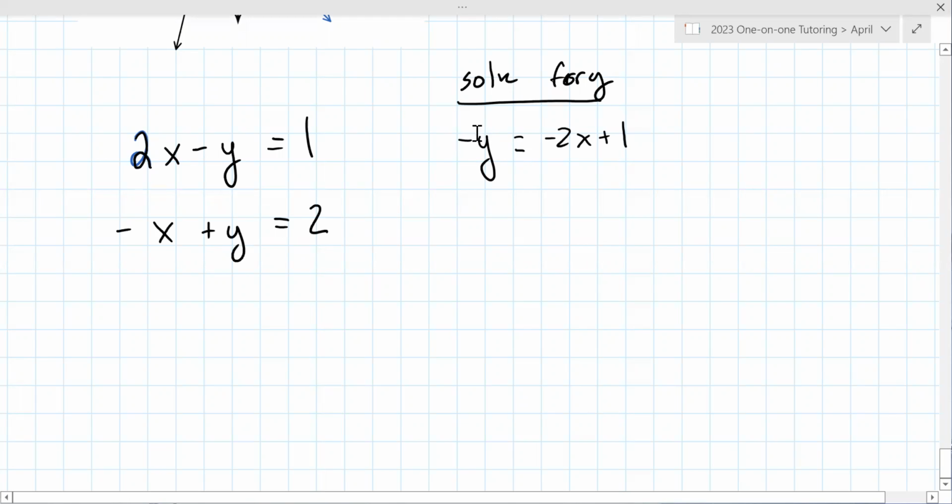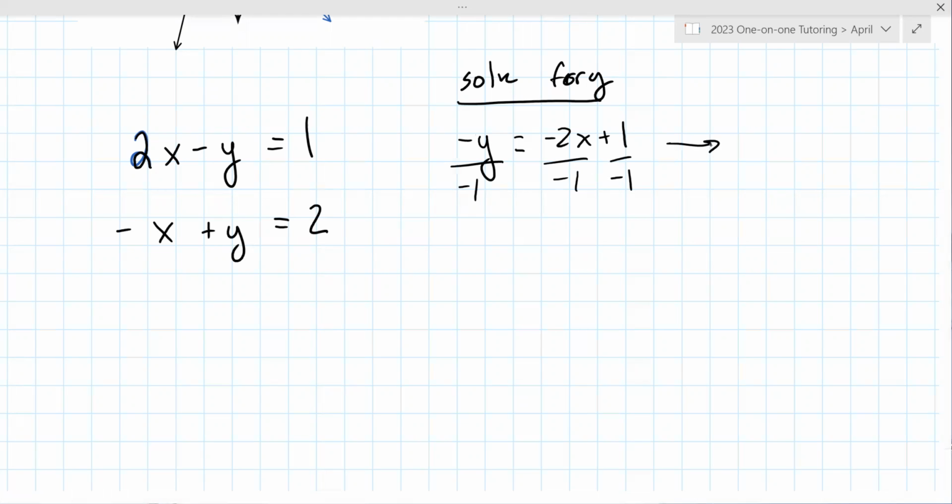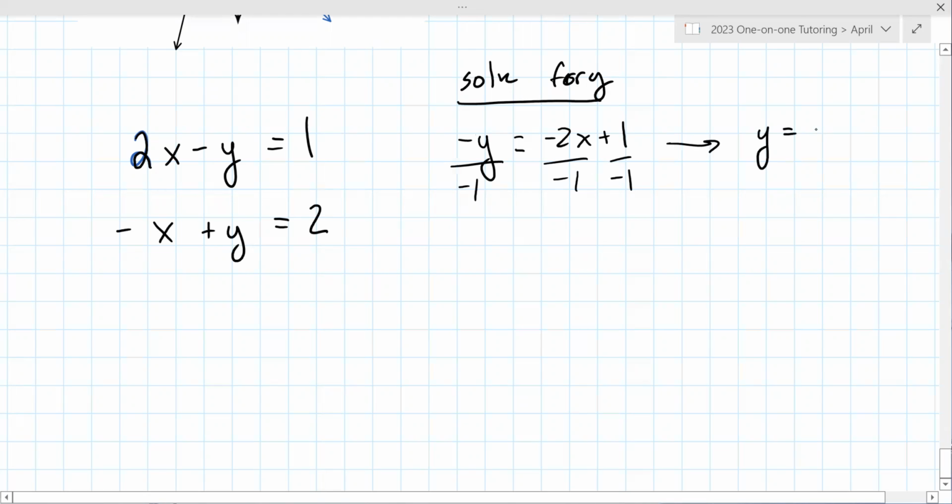You can't leave a negative in front of y, so you divide everything by -1. So what does that become? Y equals -1.